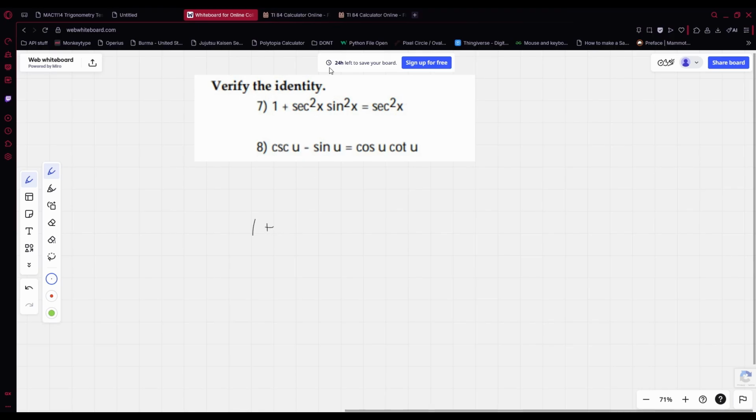So 1 plus, I want to turn everything into sine or cosine if I can. So secant squared x is just 1 over cosine times sine squared x. So if I multiply a fraction by that, it would just go in the numerator. So sine squared x.